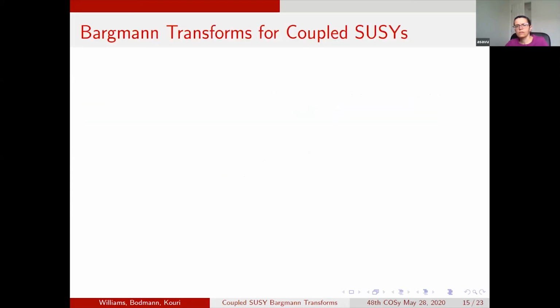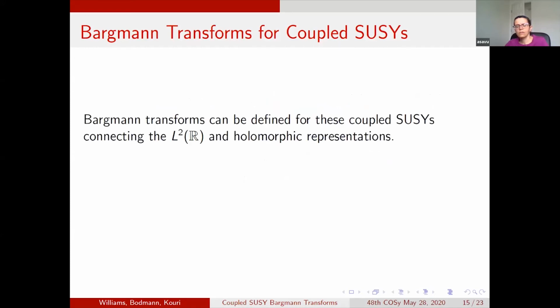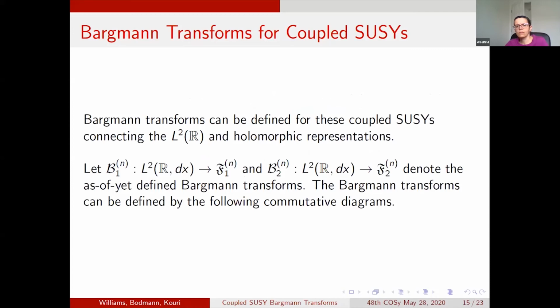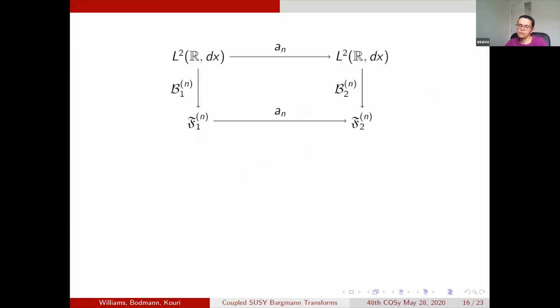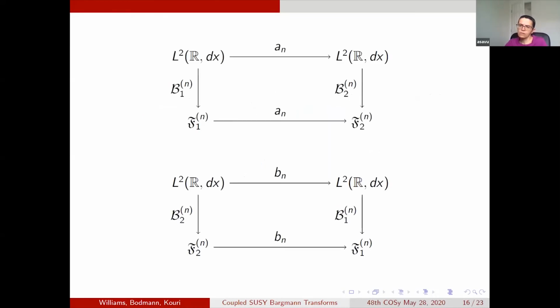So now let's try to find the isomorphism between them. I define two different Bargmann transforms because we have two different Hilbert spaces and two different Siegel-Bargmann space generalizations. And they're defined by commuting diagrams as follows, just like before, but now we have actually 4 diagrams because we have 4 different operators to work with.